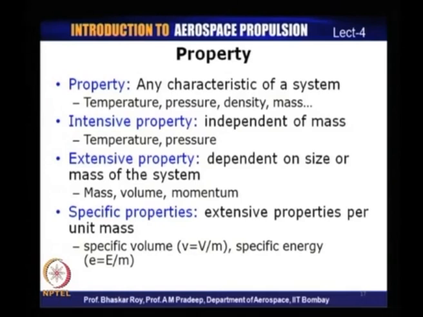There are different ways in which you can define a property. So, a property is any characteristic that defines a particular system. The property could be temperature of the system, it could be pressure, density or mass and so on. These are properties which characterize a particular system.